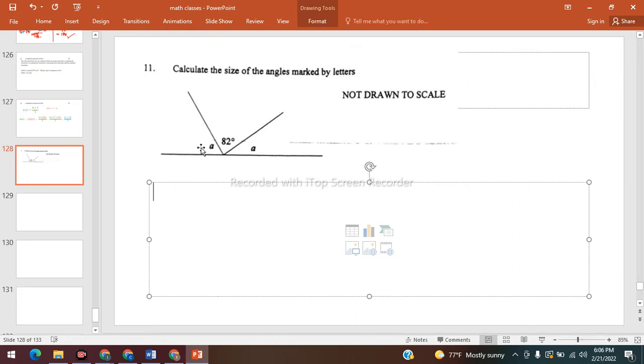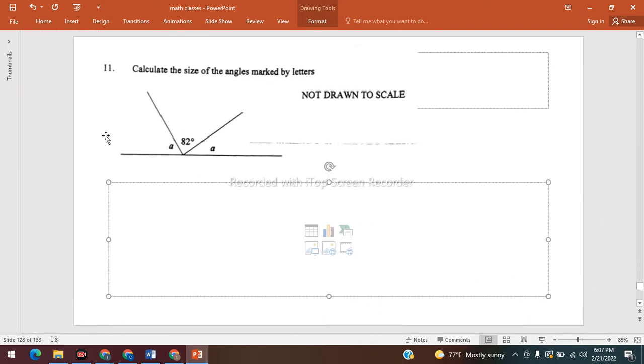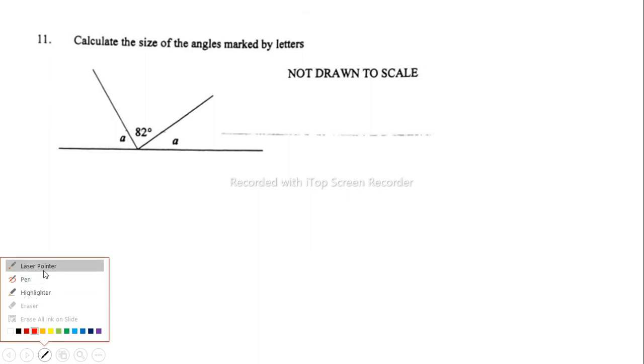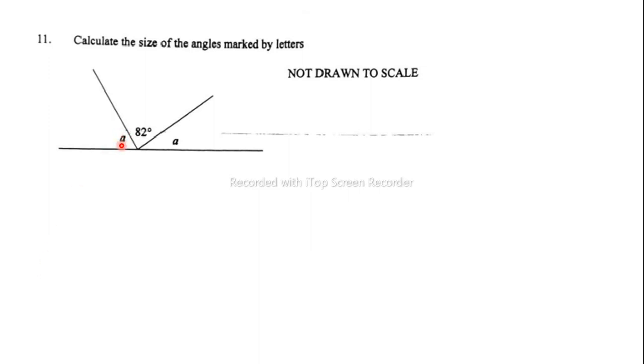We have this angle, angle A, and we have this angle here, which is also angle A. Since this is angle A, and this is also angle A, what does that tell you about the measure of these two angles? They're equal. Very good.